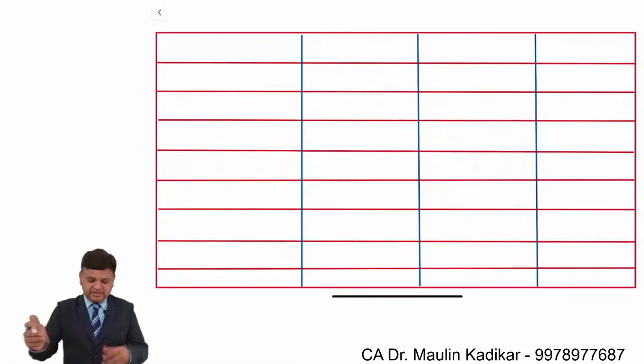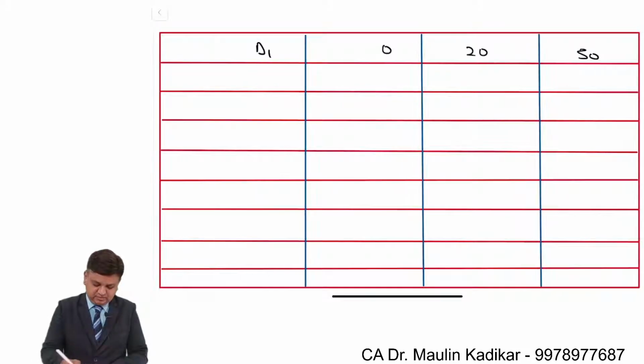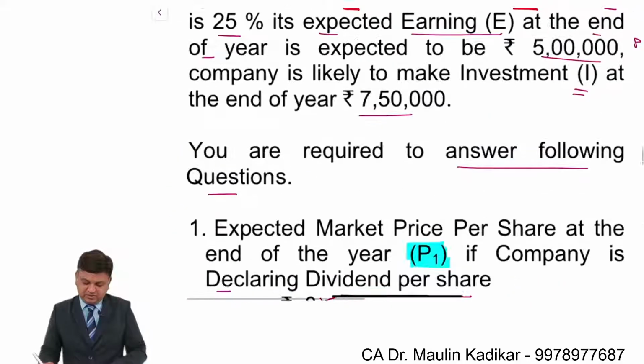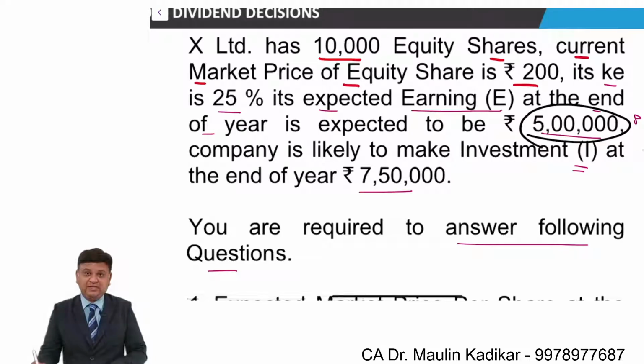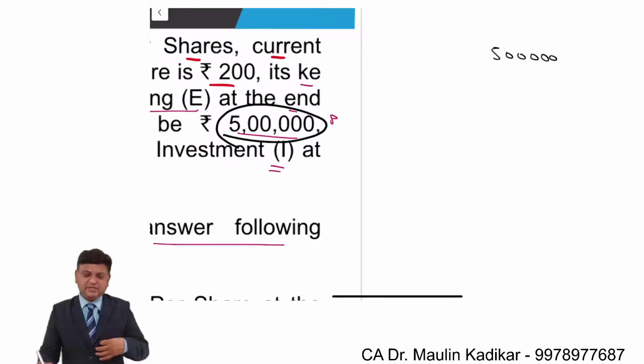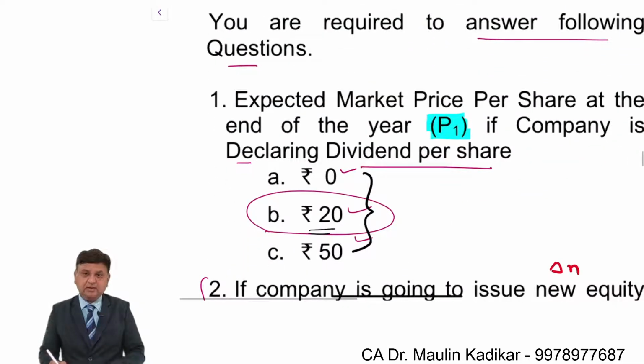Let us understand how to make the calculation. We have been given that D1 is 0, D1 is 20 and D1 is 50. The profit of the company is 5 lakhs. Informally, I am discussing with you the delta N if dividend is 20.